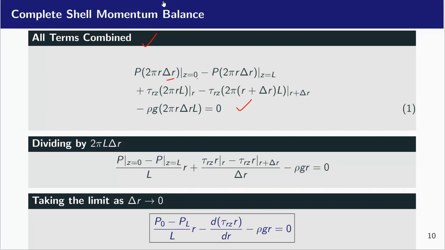Now dividing by 2 pi L del r, we get (p at z equal to 0 minus p at z equal to L) by L times r, plus (tau rz r at r minus tau rz r at r plus del r) by del r, minus rho g r is equal to 0. Now if I take the limit del r tends to 0, we get the derivative term: (p0 minus pL) by L times r, minus d by dr of (r tau rz), minus rho g r.